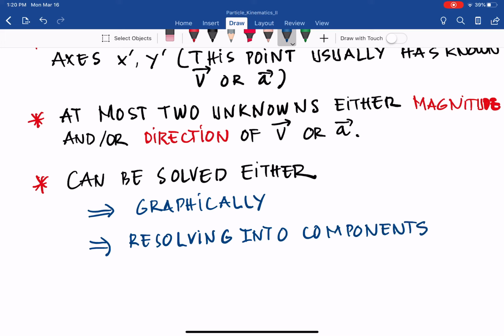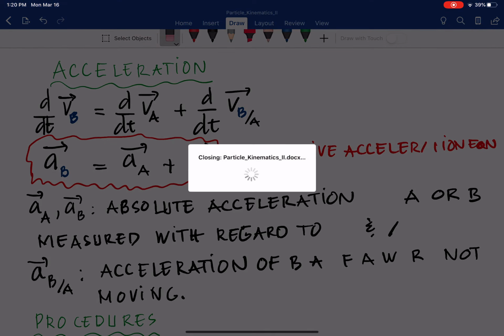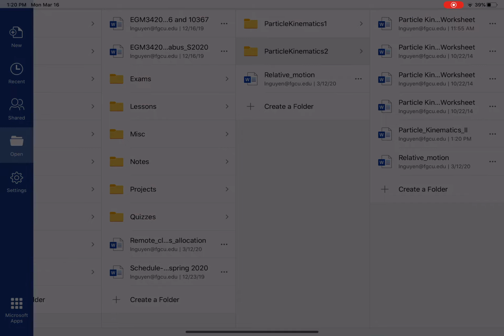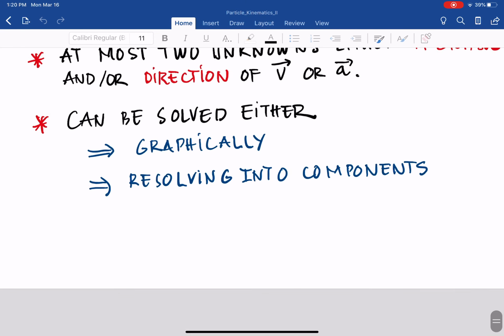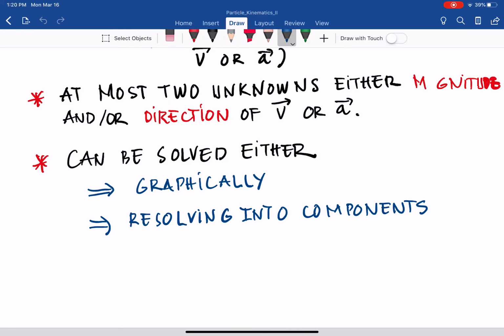Then we show it with the x and y components, so it's a scalar equation, and we can solve the scalar equations.